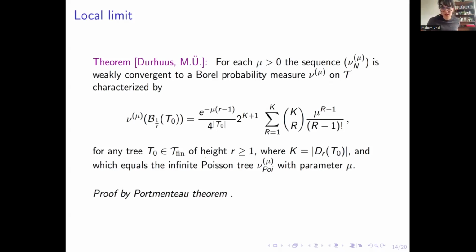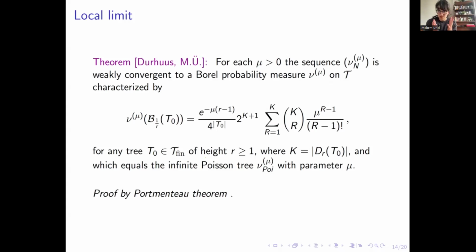They take Bienaymé-Galton-Watson trees and condition on the size of the population at a certain height, in vague terms, that the population is large at some given height. And we can now use the portmanteau theorem to deduce that this measure is given by the Poisson tree that is characterized in their paper.